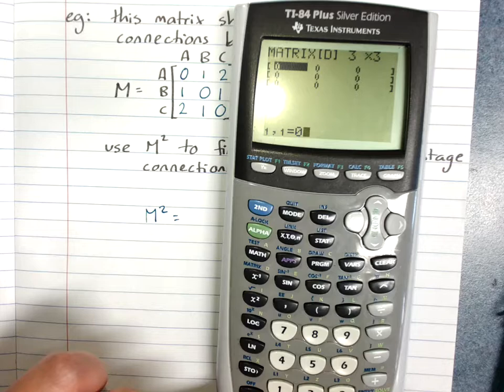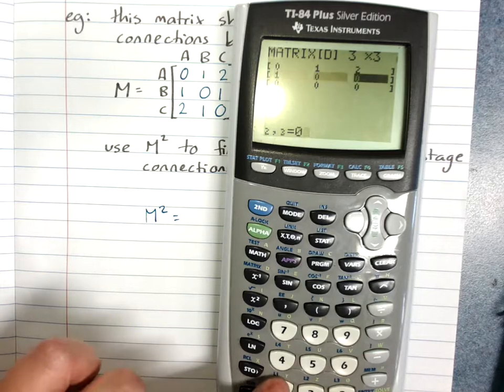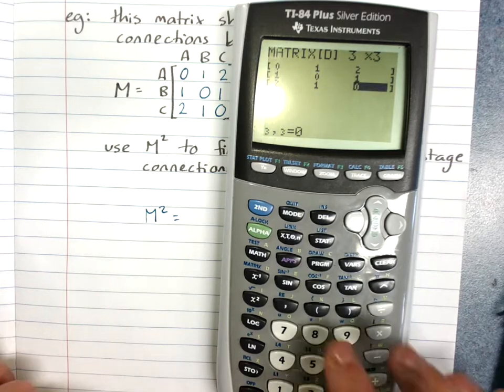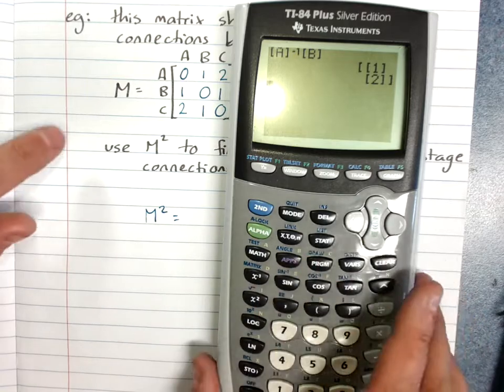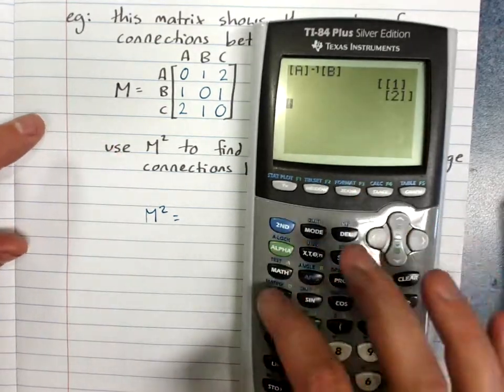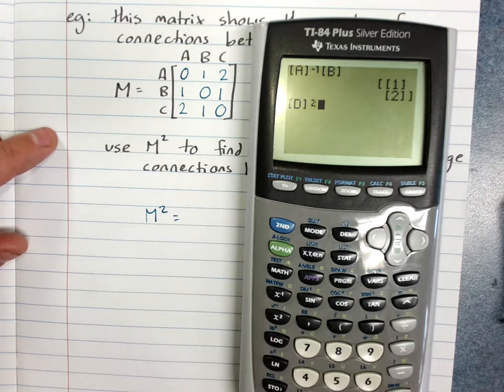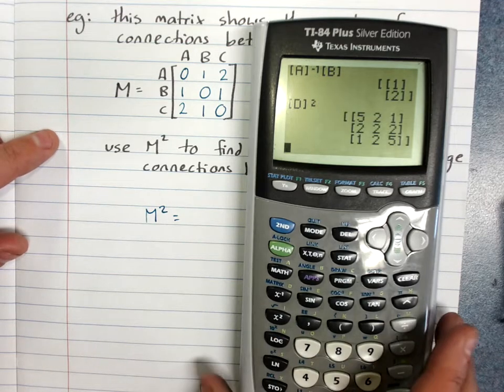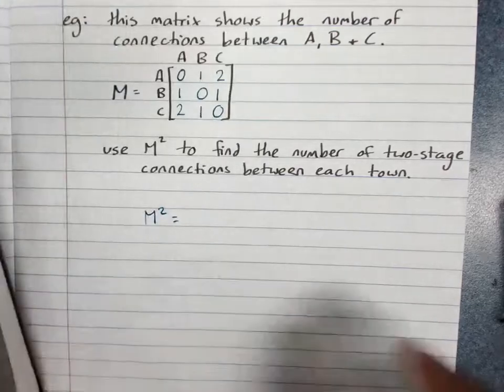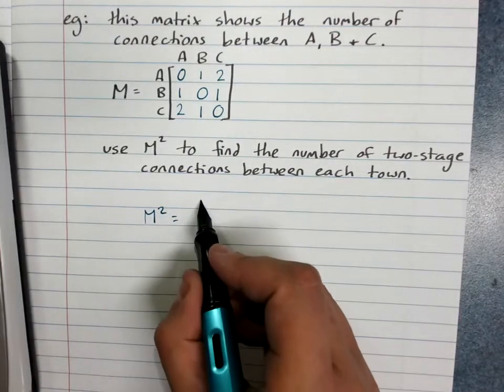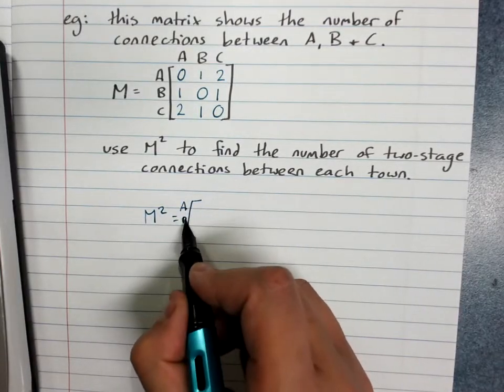Put in your values. And to get m squared, hop into the matrix menu, choose that matrix, and square it. There it's been squared.